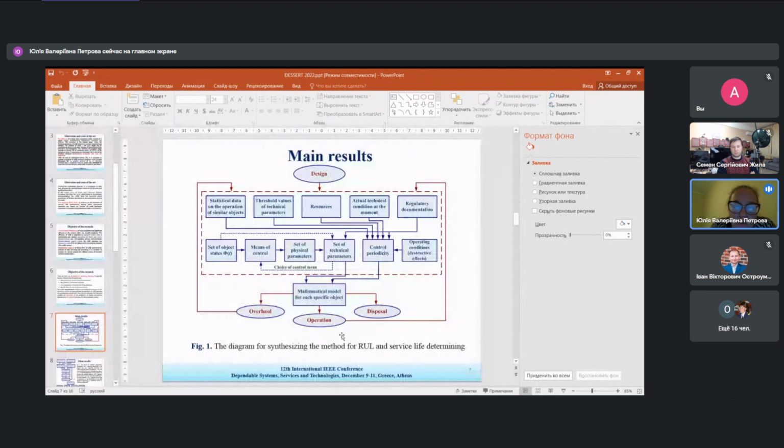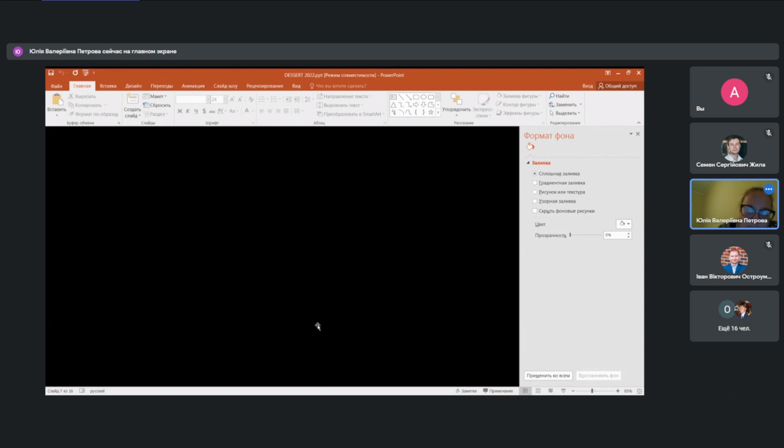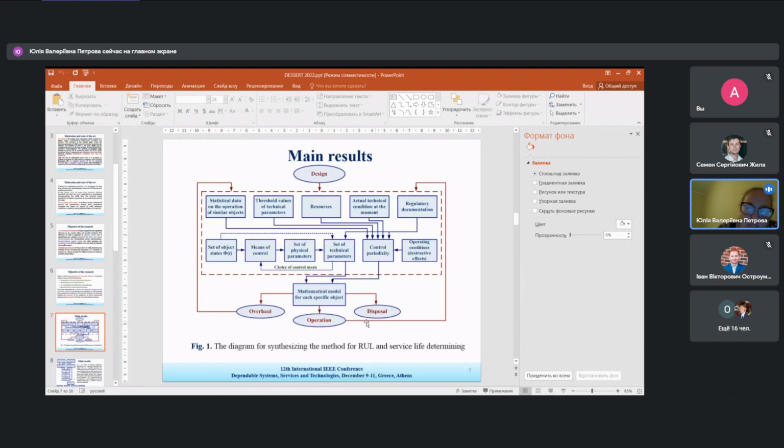Here is a diagram of synthesizing the method of remaining useful life and service life determining. Using all these parameters, actual technical condition, and thresholds, we get the mathematical model of each specified object and then reach a conclusion. It may be continuous operation, disposal, or overhaul.